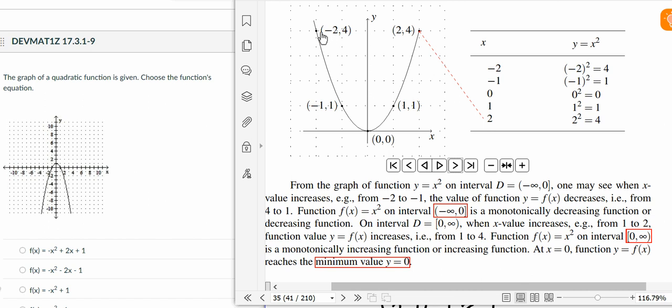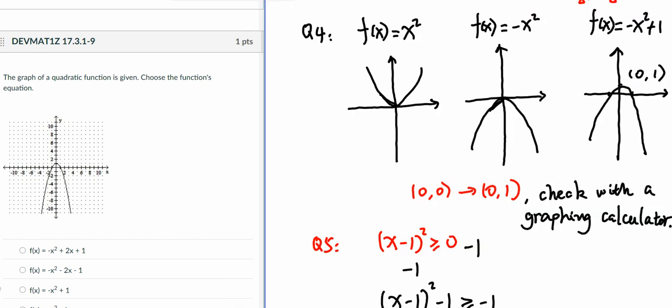Instead of the point that is here, it should be down below somewhere here. So is this point. So if you have a negative in front of x squared, you flip this picture in this way. And then you want to see this vertex is actually 1 unit up.